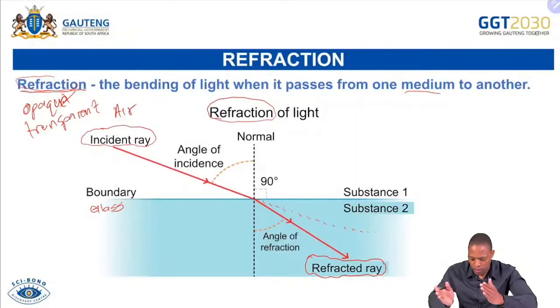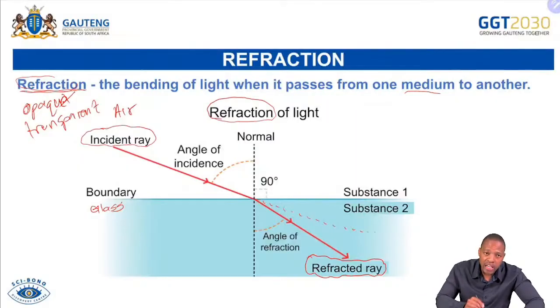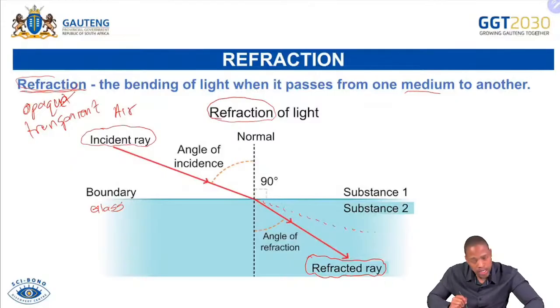It changes, or it bends as it enters a different medium. So you have incident ray and you have refracted ray. In reflection, you had incident ray and reflected ray. So you must be able to differentiate between the two, okay? And always remember, the other one is reflection, the other one is refraction. So here we have incident ray, and we also have refracted ray.